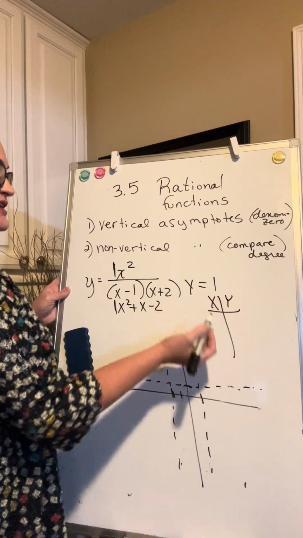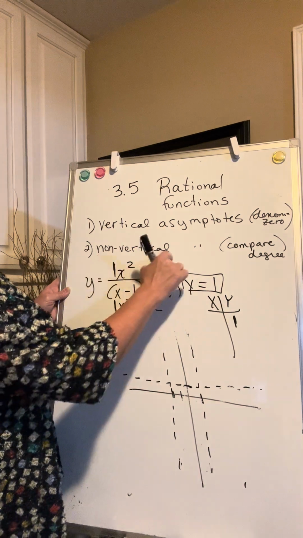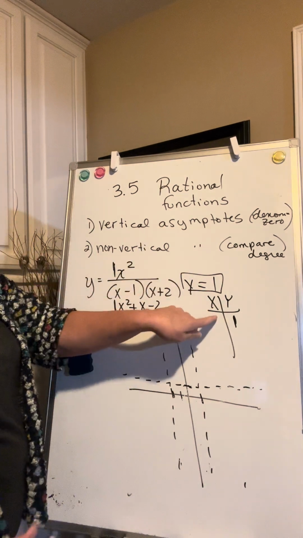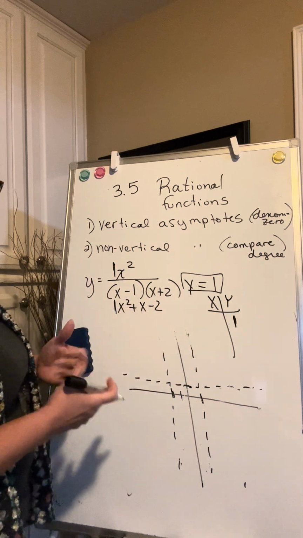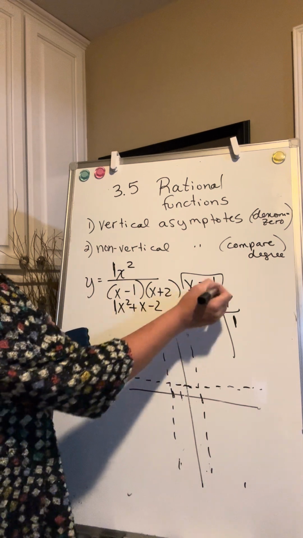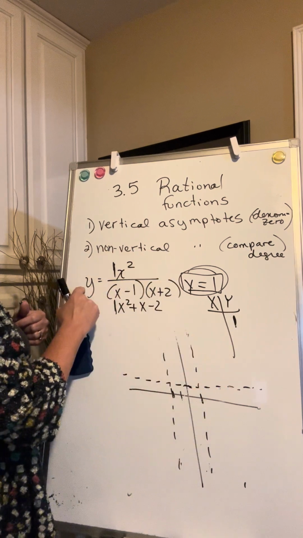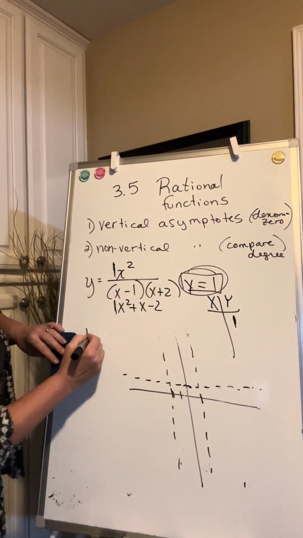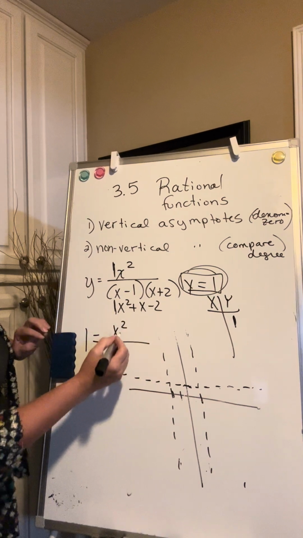We plug in y equals 1, whatever we got for that non-vertical asymptote, and there might be an x value that works, and we can plot it and it might cross that. So you take the equation, plug in for y all the way over here, and see if there is an x value that corresponds to it.